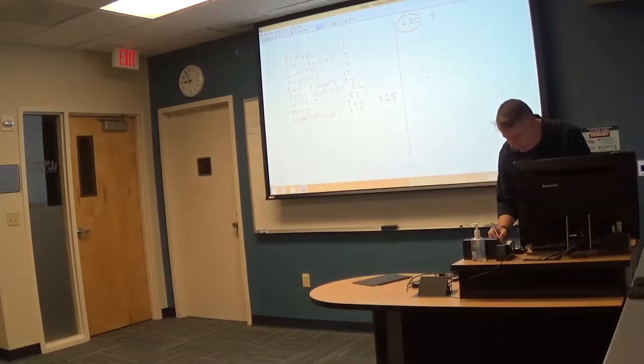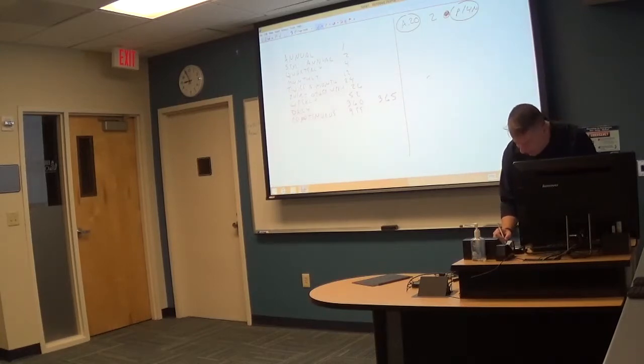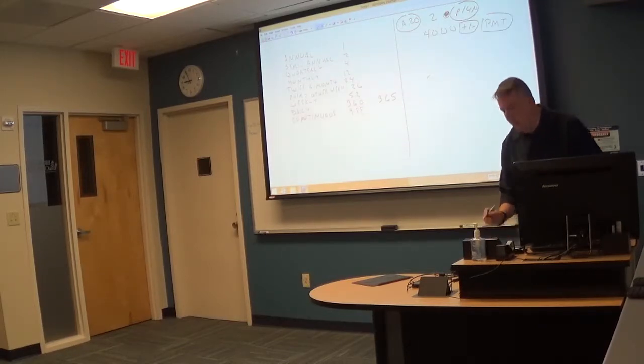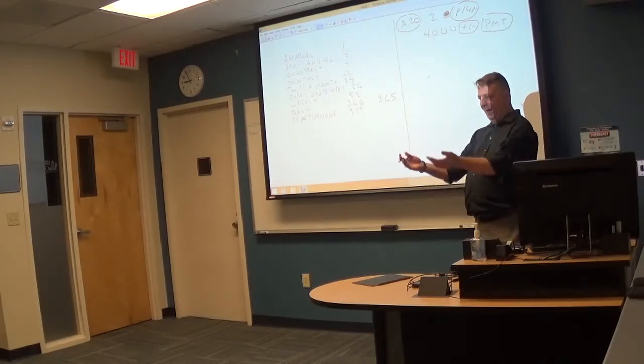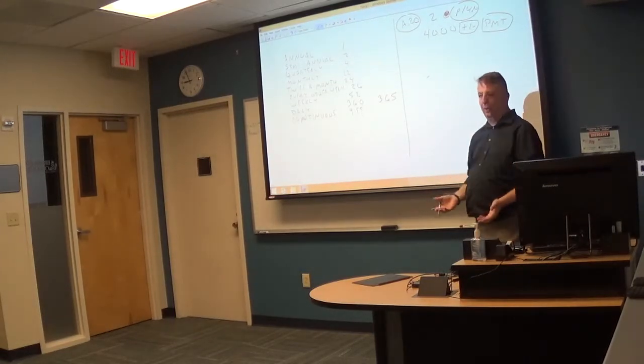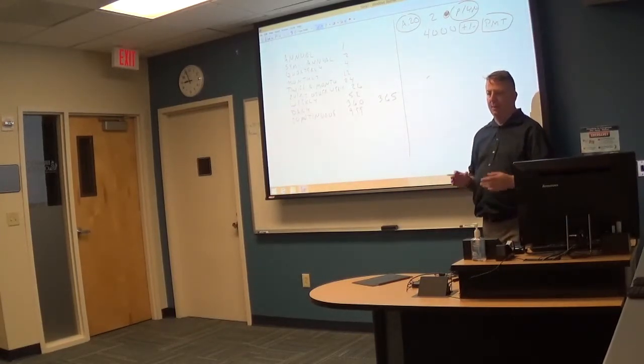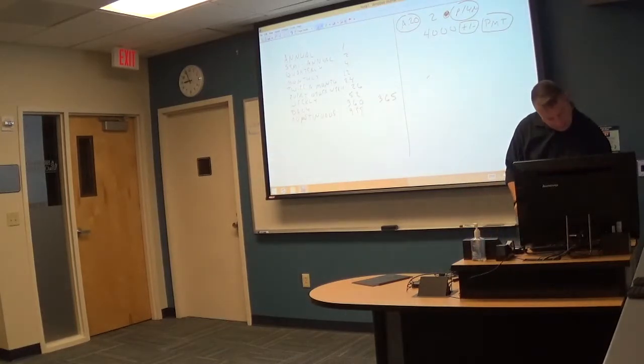So what we're going to do, 2 payments per year, and we said it's $4,000. Now what I would tend to do is make that $4,000 a negative number, because we are depositing that amount. In other words, that is a cash outflow from our perspective as the person depositing these funds.